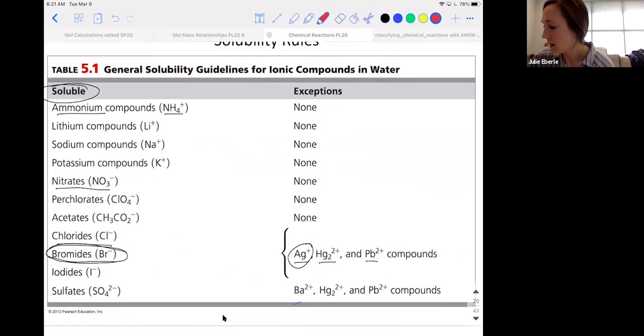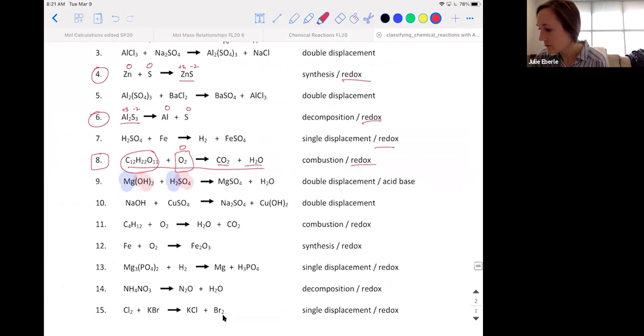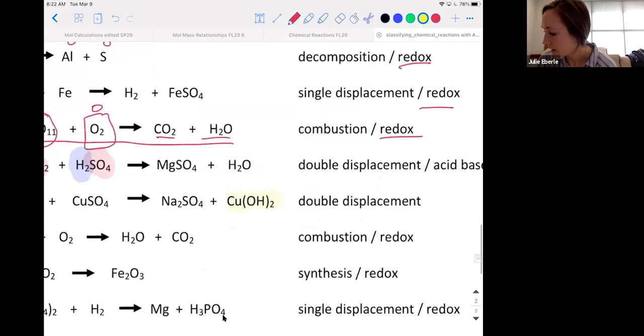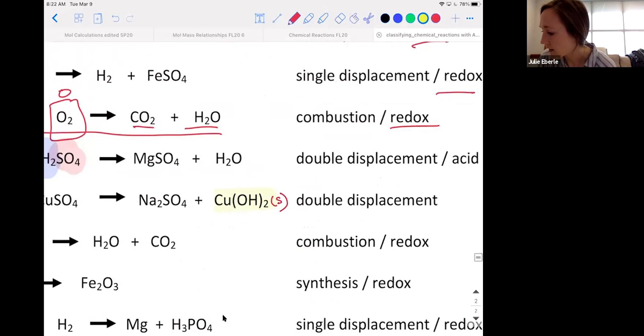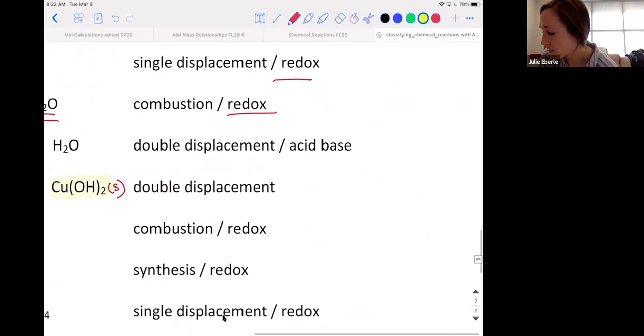So we go back to that sheet. This compound right here would form a precipitate, right? Because neither copper nor hydroxide are on the solubility chart. So that's not going to be soluble. Is that the one you got as precipitate? Okay, good. And so you could indicate this as an S right here. It's going to form a solid. So it's not only double displacement, it's also precipitation.